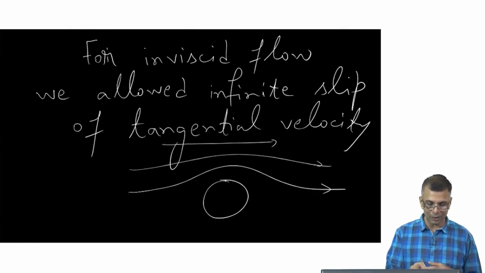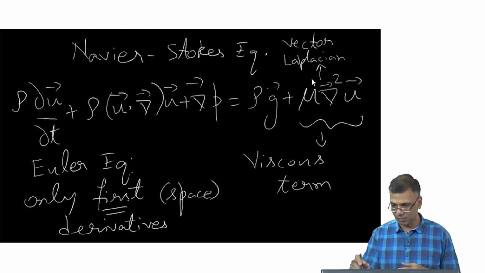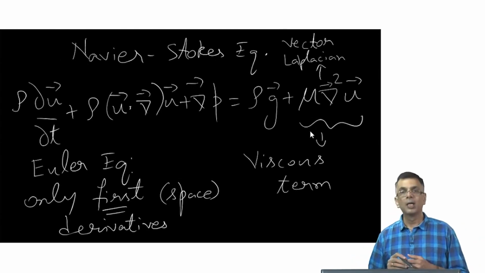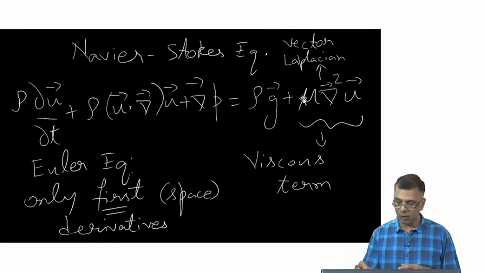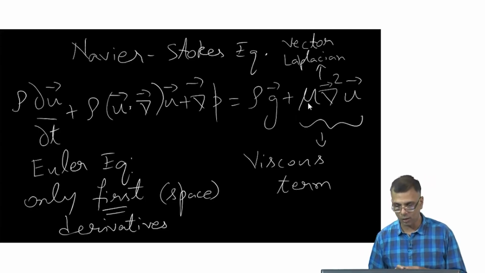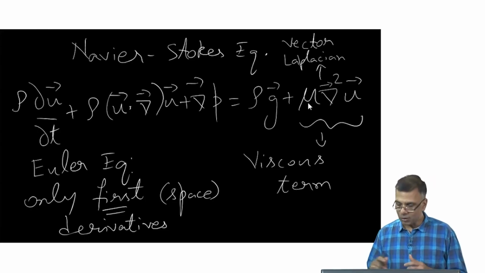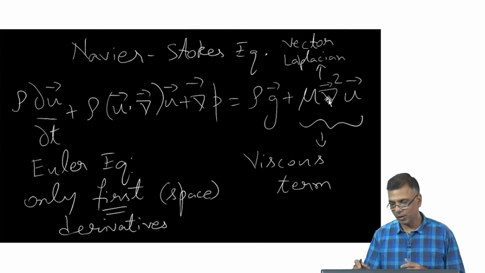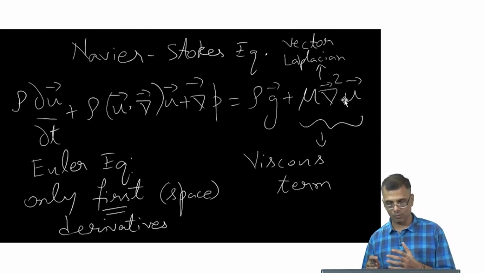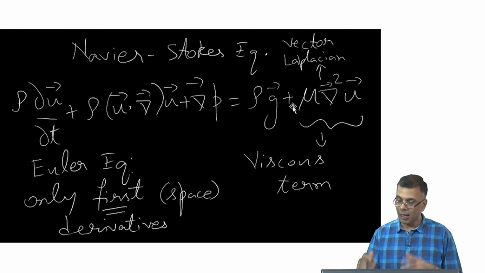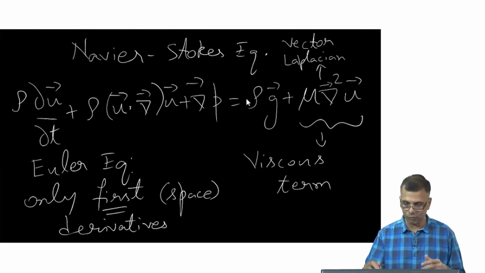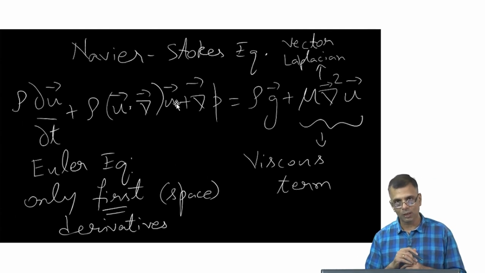Whether the viscous term is important or not does depend upon the magnitude of the viscosity constant, but it actually depends upon this combination. If the velocity derivatives in nabla square u are very large near the boundary, then this term assumes importance in relation to the other terms.